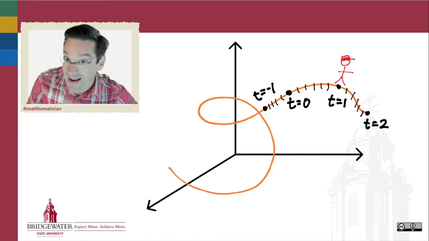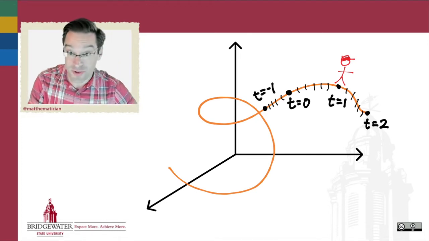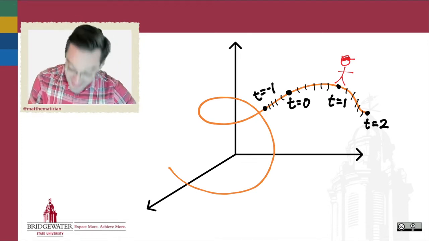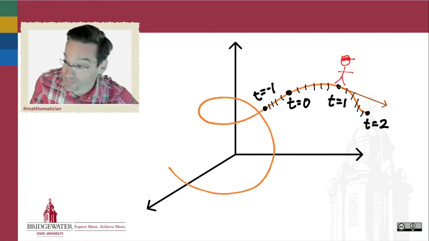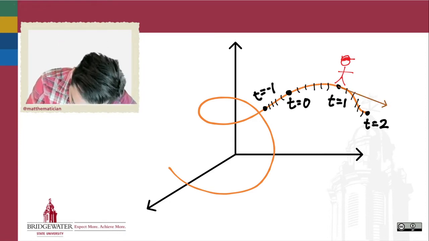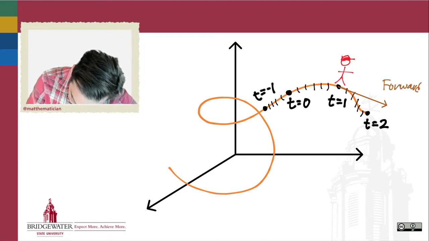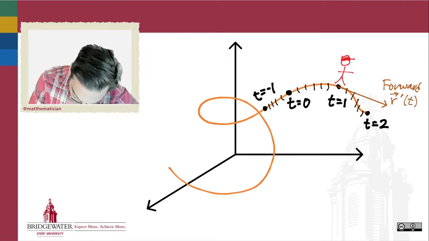Two. Yeah, I only have 2 choices. I can go forward or I can go backward. Forward here probably means the direction of increasing t. So I can go forward along the derivative of my parameterization, along r prime of t, the velocity vector, or I could go backward.